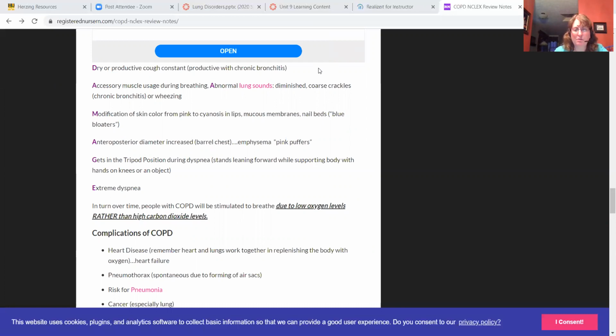They have extreme dyspnea. In turn, over time, people with COPD will be stimulated to breathe due to low oxygen levels rather than high carbon dioxide levels. So this is why you want your COPD patient to live at a normal low oxygen level. Normally we want someone's pulse ox to be 92 or above.